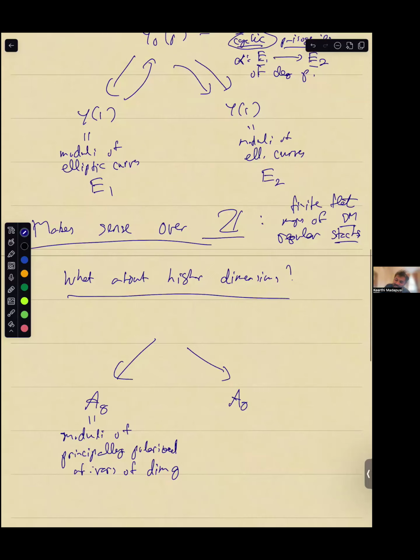But you can still make sense of isogenies between abelian varieties. So let me define something like this.